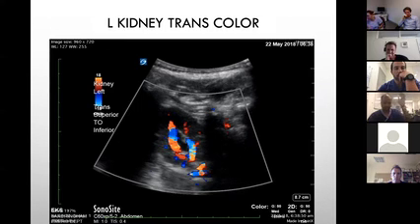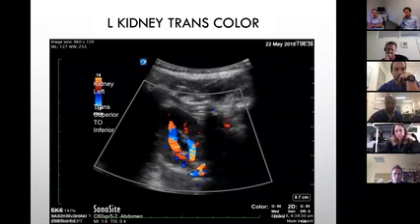So you get a long axis measurement. If you want to show some flow on the long axis, that's perfect. So transverse: superior pole, mid, and lower pole. In the mid, show the renal vessels coming in. All right. That's pretty much your basic standard imaging set for kidneys. And you do the same thing on the other side too.